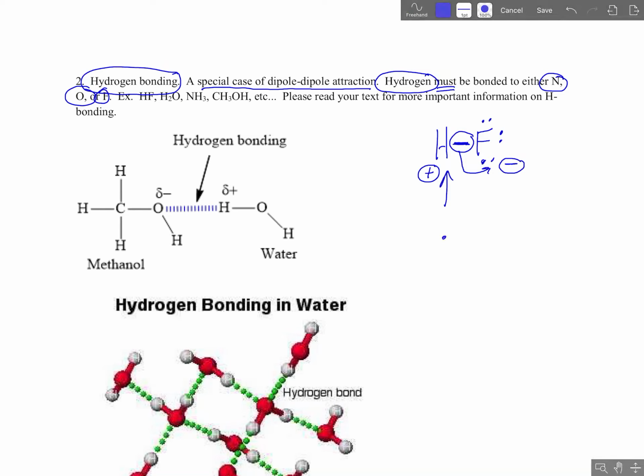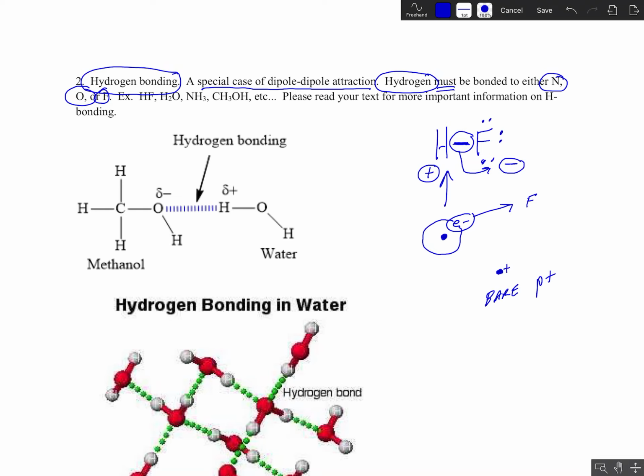Now think about the hydrogen atom at the nuclear level. Doesn't it consist of a nucleus with one electron around it? Well, if this electron is spending all of its time around fluorine, what's covering the nucleus now of the hydrogen atom? You're right, nothing. It becomes what we like to call a bare proton.